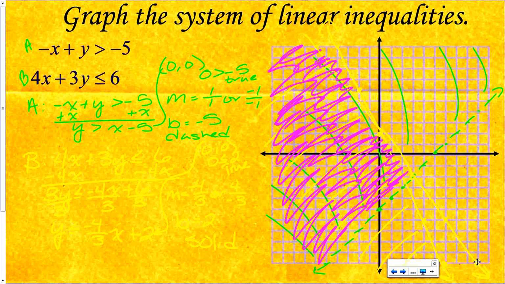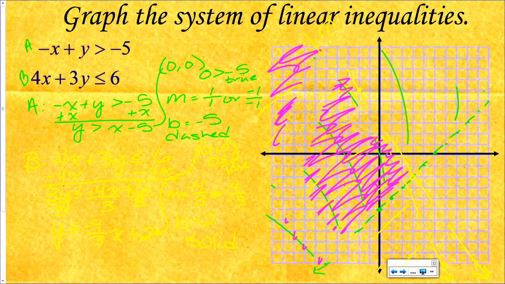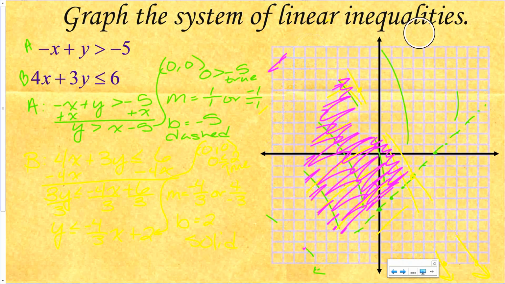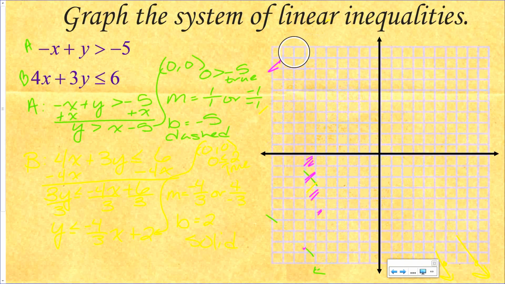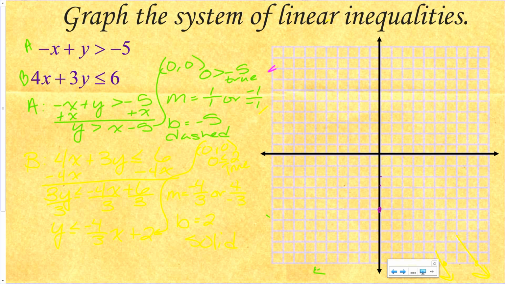Who doesn't understand how I decide what side to color on? Because I know that you don't, right? Okay. So on the first one, we go down 5, and then I have a dashed line.